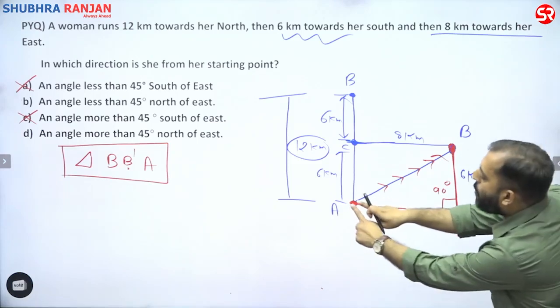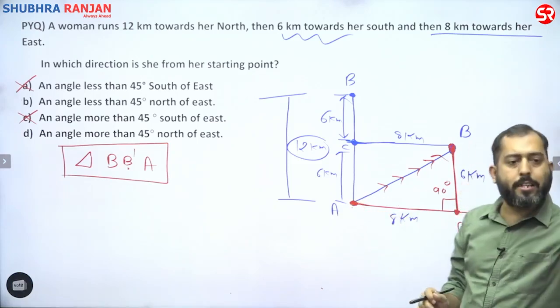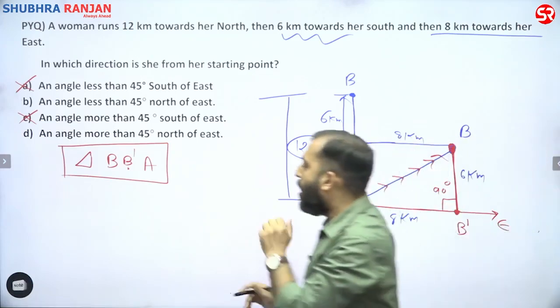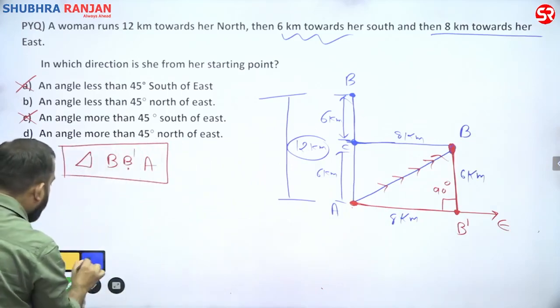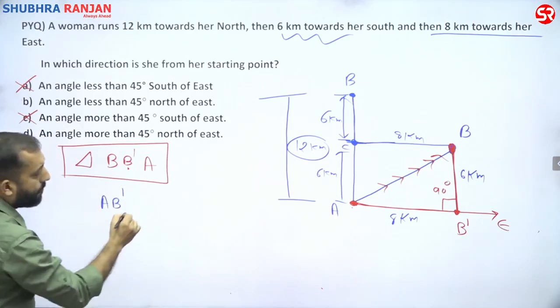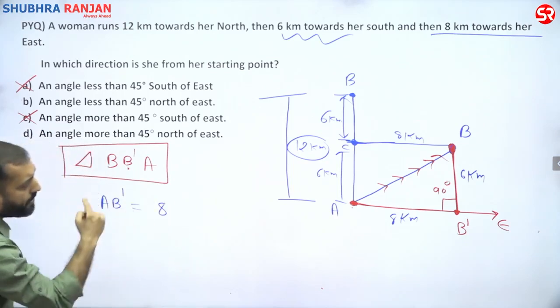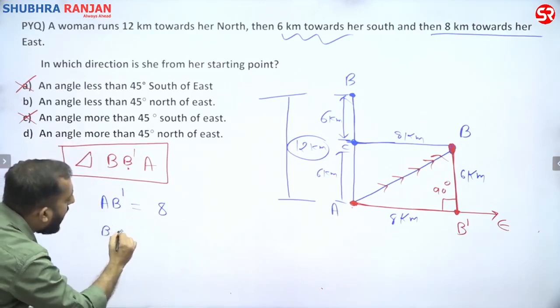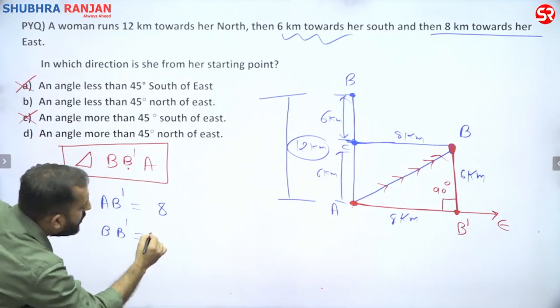So forget about this side AB. This is going to be the largest side, the hypotenuse. Now of the remaining two sides, one of them is AB dash and its value is 8 kilometer, and another side is BB dash and its value is 6 kilometer.